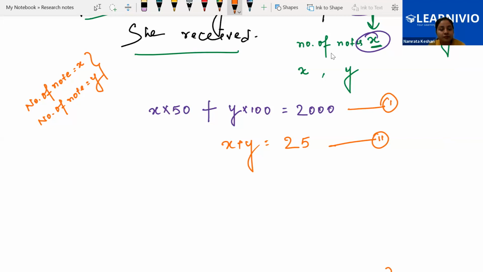Ma'am, we can take out 50 and 100, that will be 150. Then in bracket x plus y, then we can transpose it, and it will be 2000 minus 150. Yeah, we can take a common factor, but what will be the common factor, Harshit? Be careful, Ziana. What will be the common factor over here?